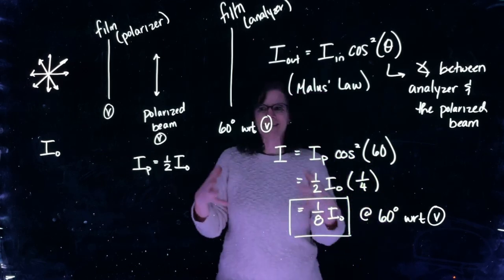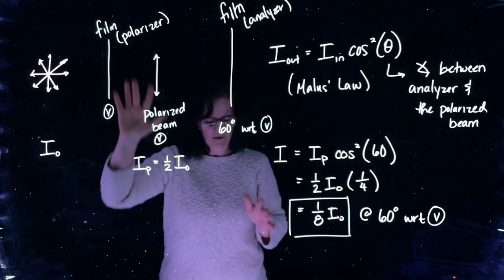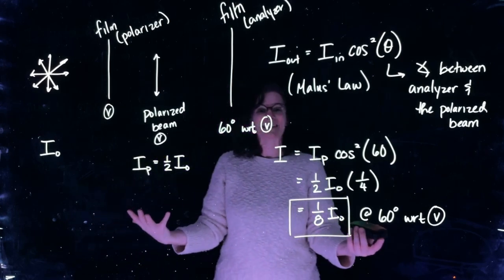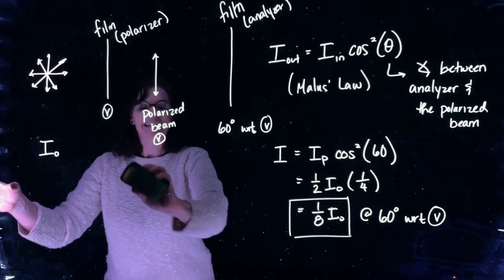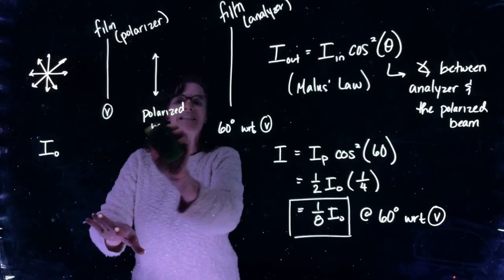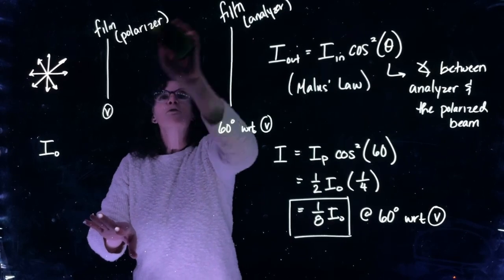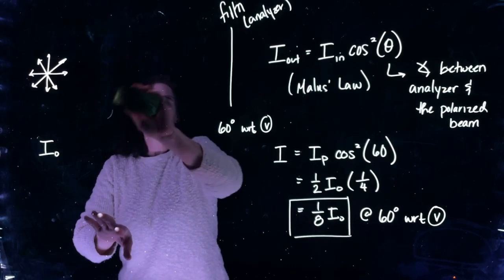Now, how does this work for polarized sunglasses? Well, it turns out that polarizing film is one way that we get a polarized beam. Reflection is another. When light is reflected, it can be reflected in such a way that the reflected light is polarized. So if you imagine light hitting water, some of that light is transmitted through the water.